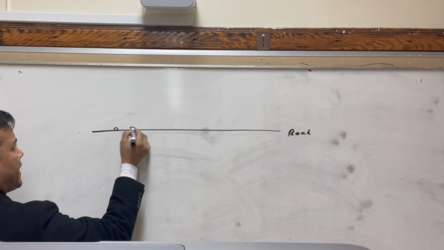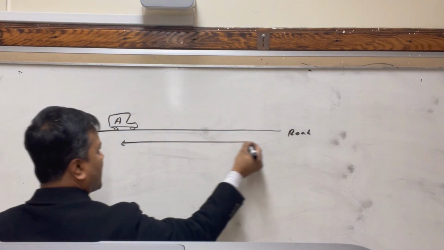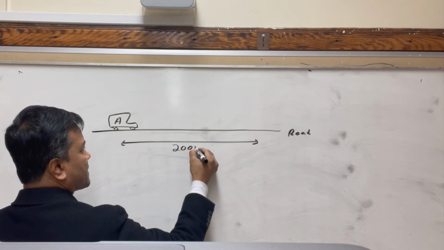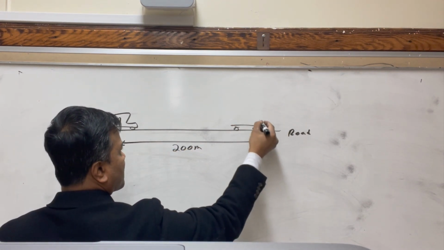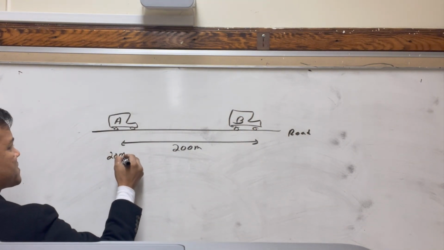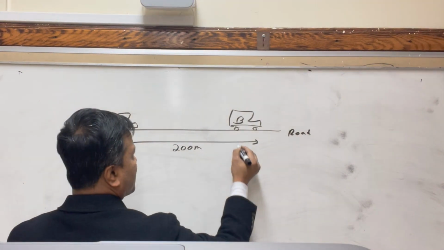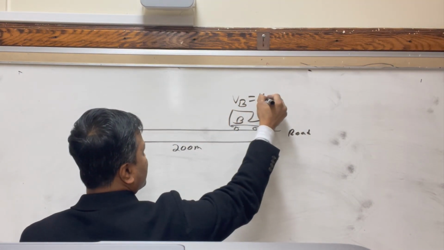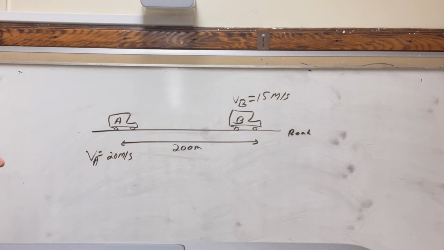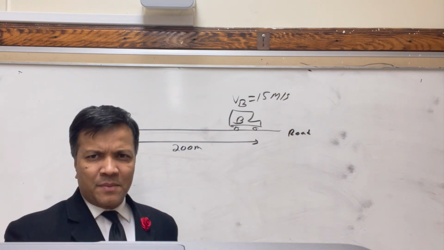Car A is 200 meters behind car B. Car A is moving with 20 meters per second, and the velocity of car B is 15 meters per second. The question is, at what distance will car A meet car B?